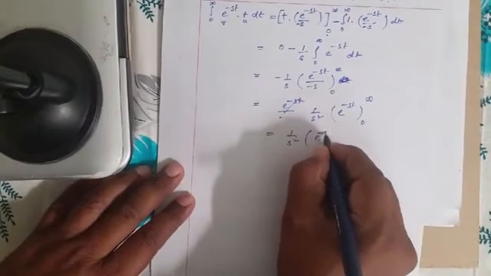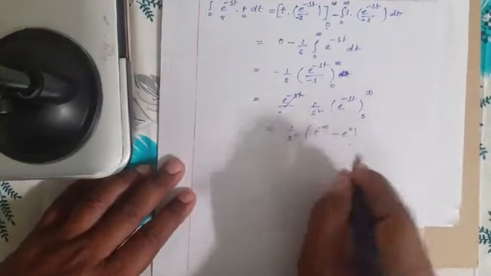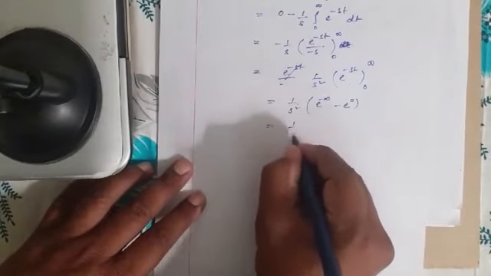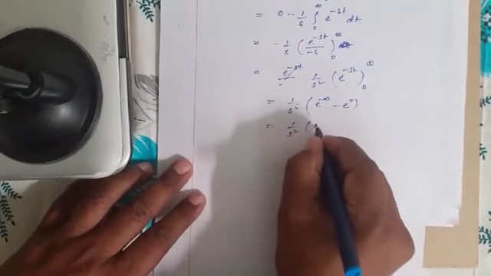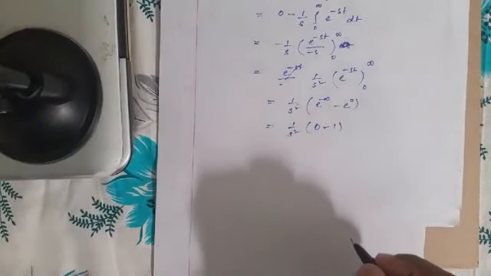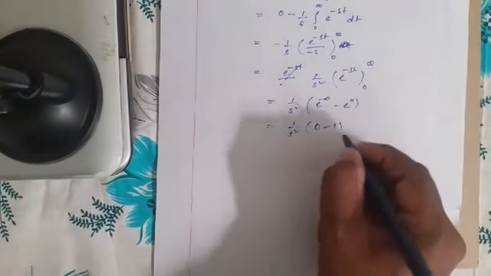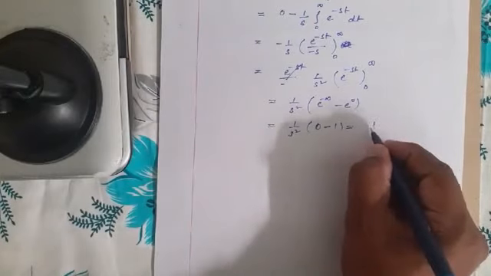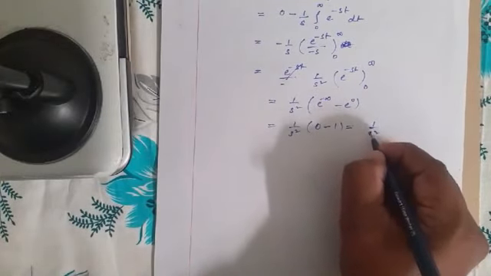Now e power minus infinity minus e power 0, you get 1 upon s square into e power minus infinity, which is 0, minus 1. So this is the answer you get. You should get 1 by s square.